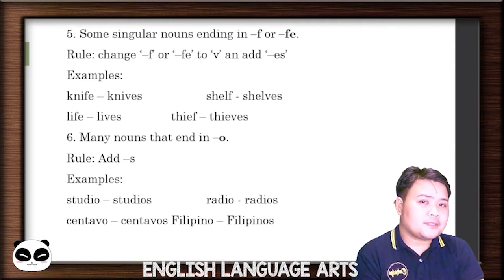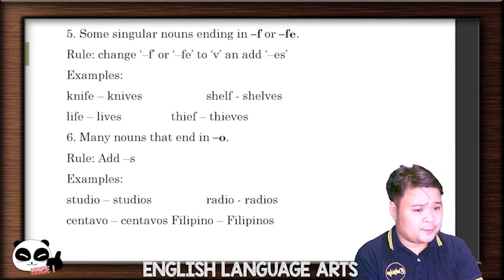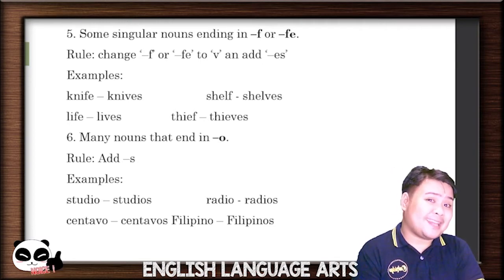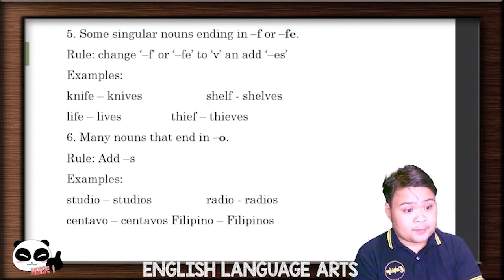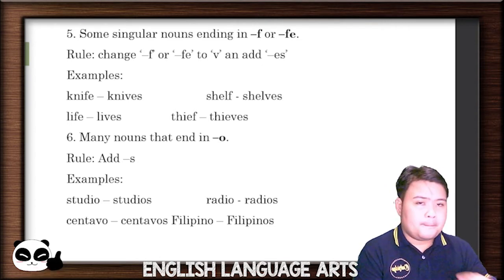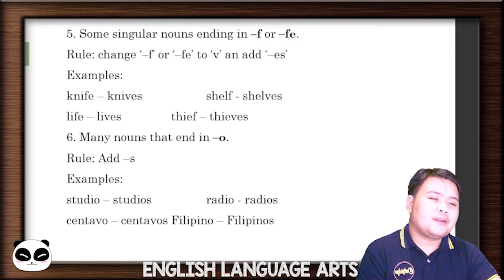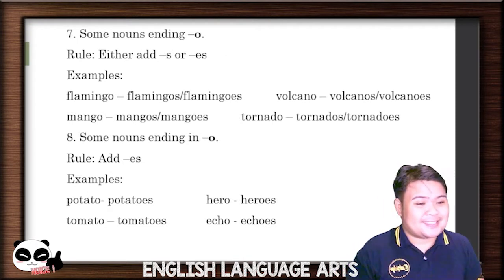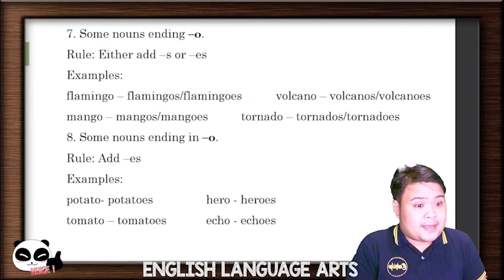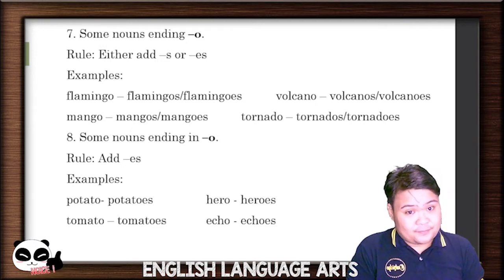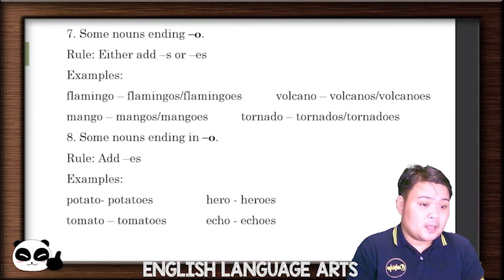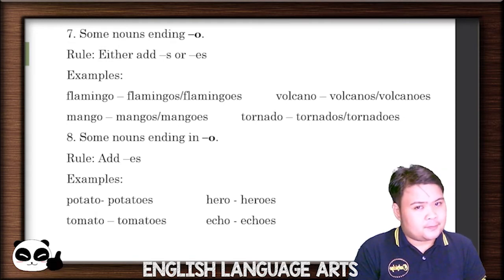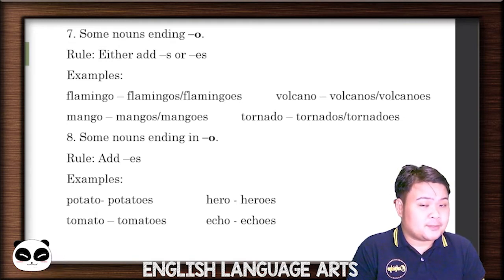Now, for nouns that end in o, simply add s. Studios, Davos, Filipinos, radios. But there are certain nouns that end in o that you can add either s or es, such as flamingo, which can be either flamingos or flamingoes. Same with mango, mangoes, volcano, volcanoes, tornado, tornadoes.